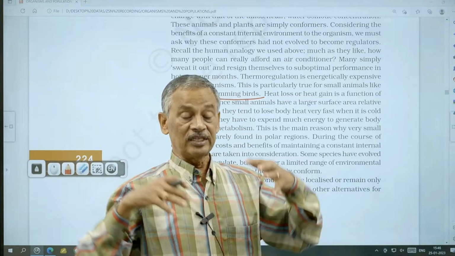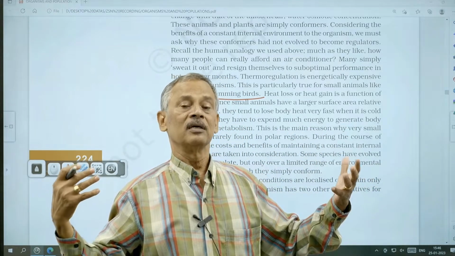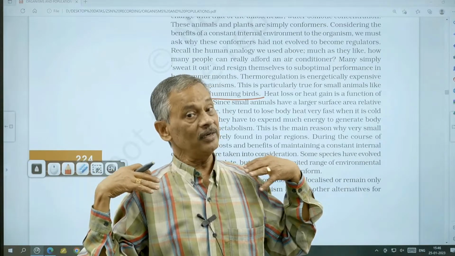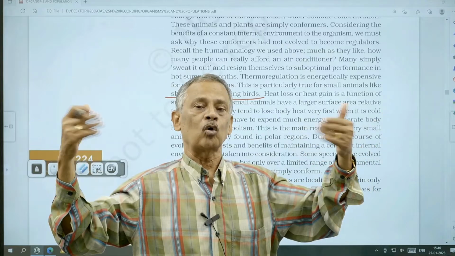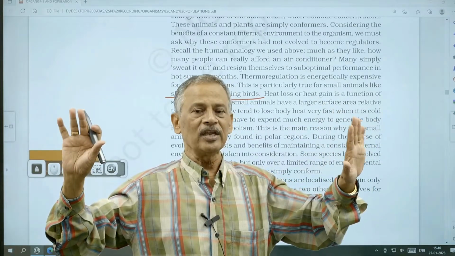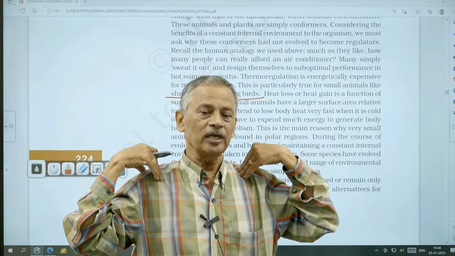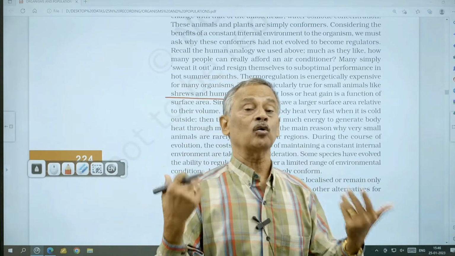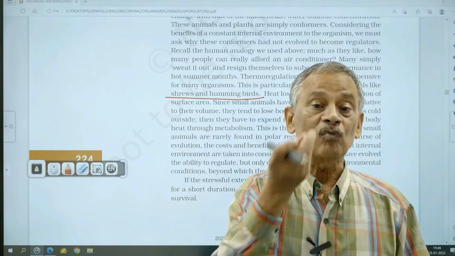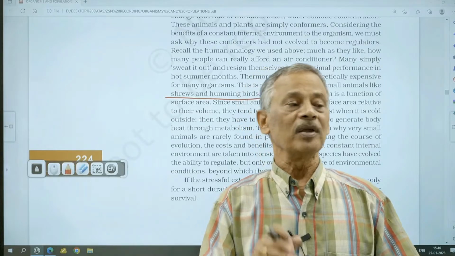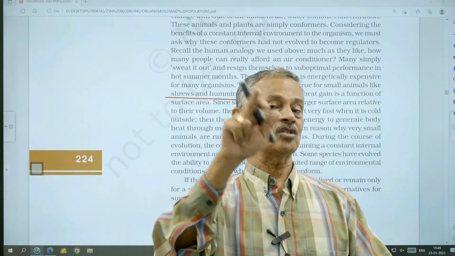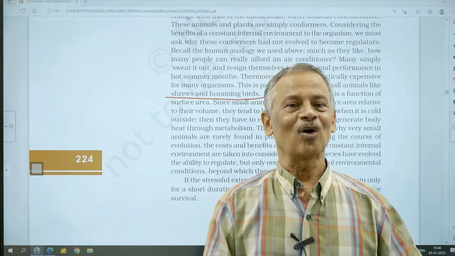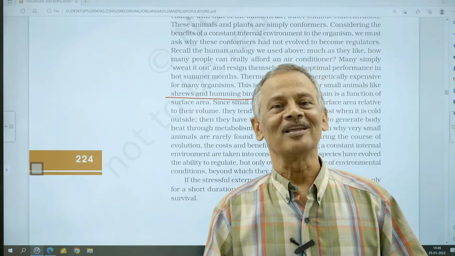When it is cold outside, these organisms are warm-blooded, so from their body, temperature is constantly lost. And to maintain that constancy in body temperature, they have to spend a lot of energy for heat. So whatever they eat will be converted to heat energy that is continuously lost from them. So it is not a profitable game.